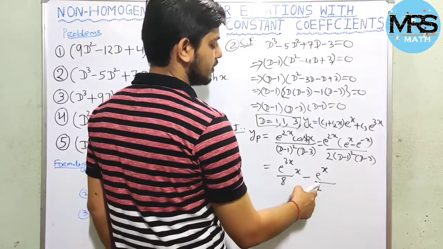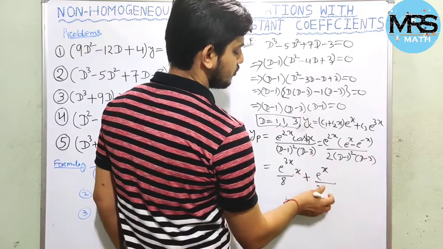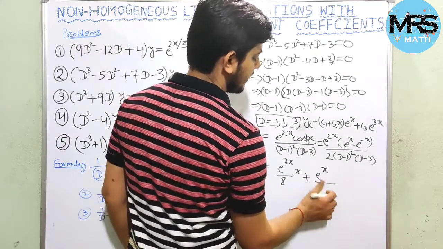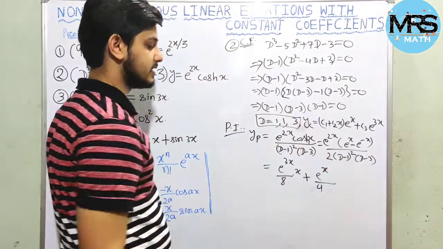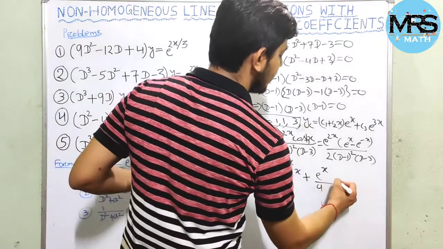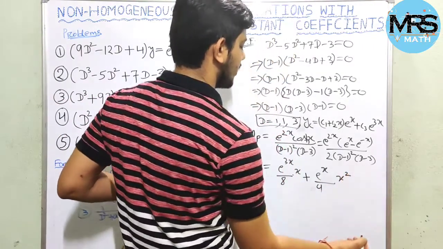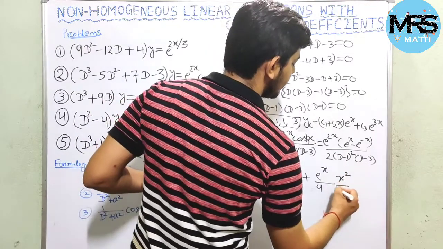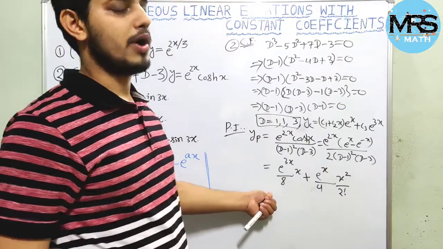Minus 2 into 2, that will be minus 4 directly. But here is the problem, that is 1 minus 1, it is cancelling. So again, if you apply this formula, x to the power n, we will get x to the power 2, correct, by 2 factorial. Okay, so this will be our yp.